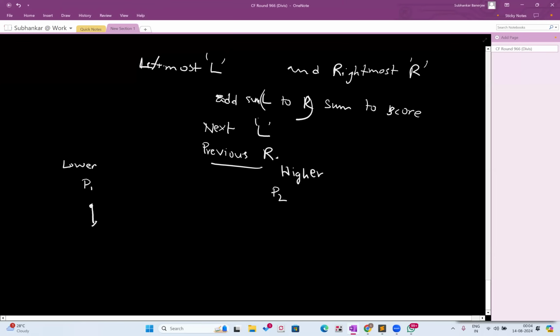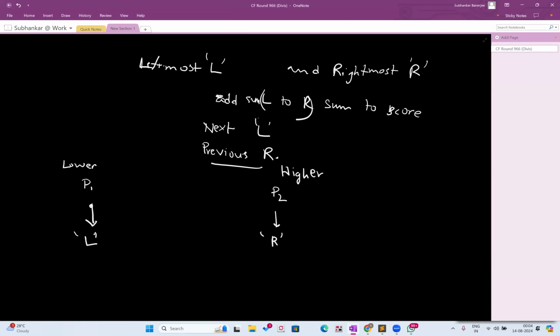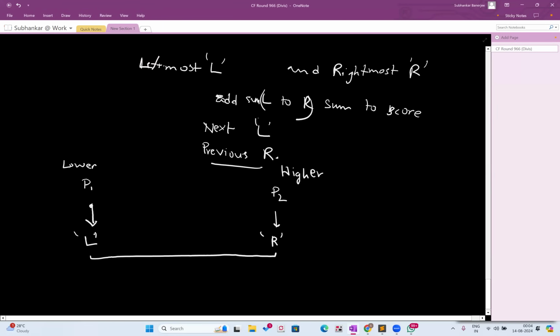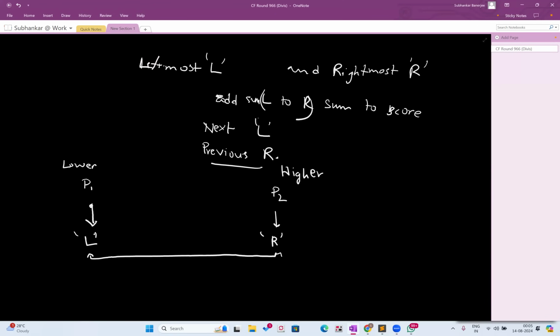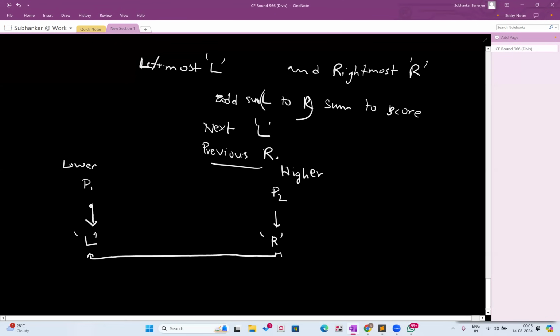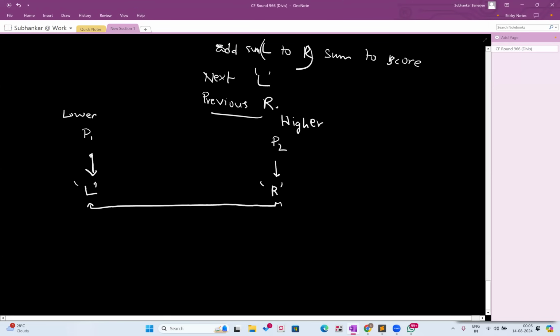This will mark an index where the character is L, and this will mark an index where the character is R. And if this condition is satisfied, we'll just add it and increment P1 and decrement P2 for the next sum that has to be added to the score. So this will maximize my score.